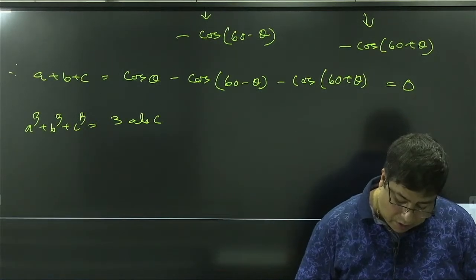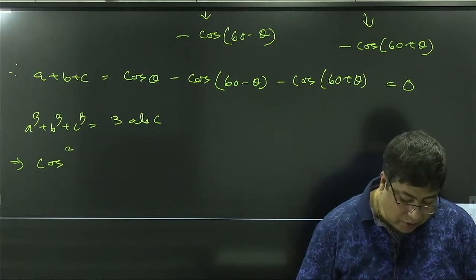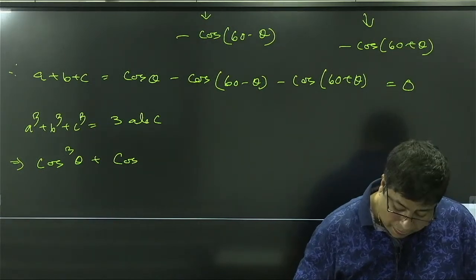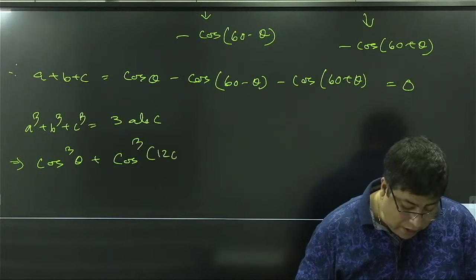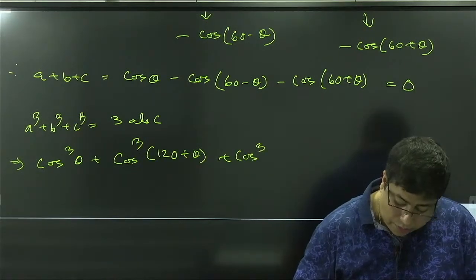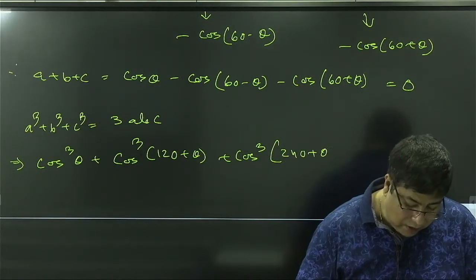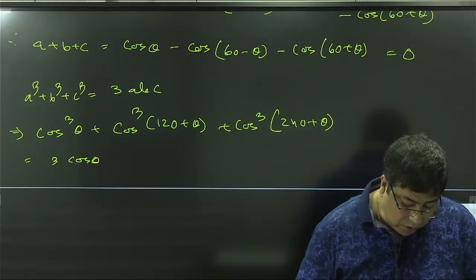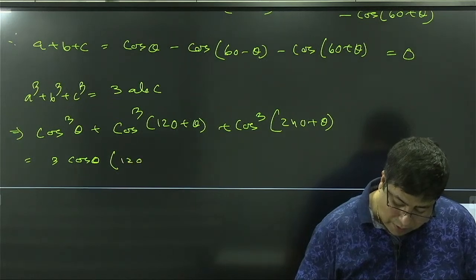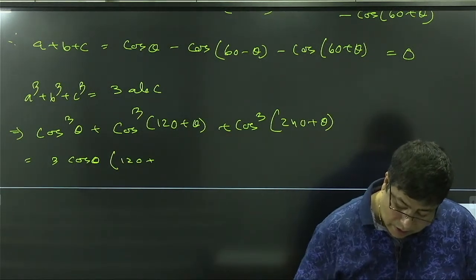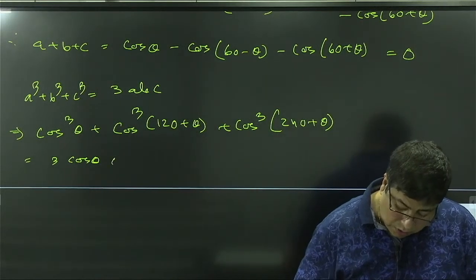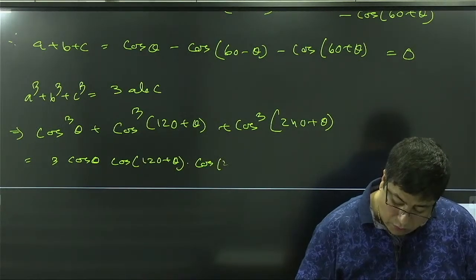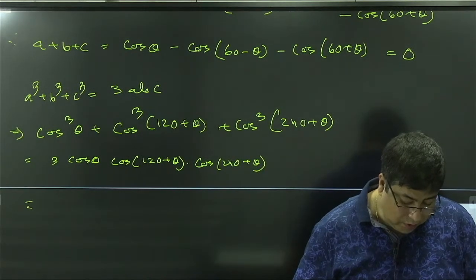Therefore it is coming like this: cos cube theta plus cos cube 120 plus theta plus cos cube 240 plus theta equal to 3 cos theta cos 120 plus theta into cos 240 plus theta, that is coming to be 3 cos theta.